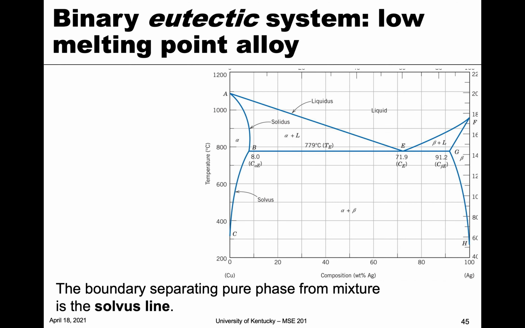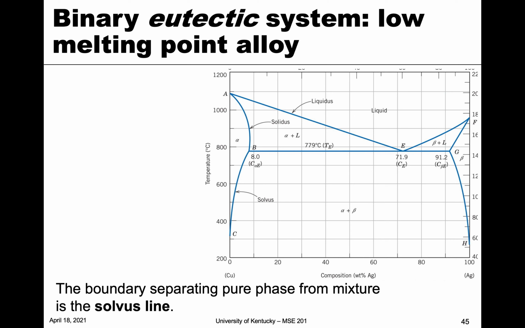All right, so with this binary eutectic system, we also introduce some different terminology for the various boundaries. We've talked about the liquidus before. The liquidus is the line that separates some solid from pure liquid above. So there's pure liquid above this line, and the same thing for this line over here. This is also a liquidus.